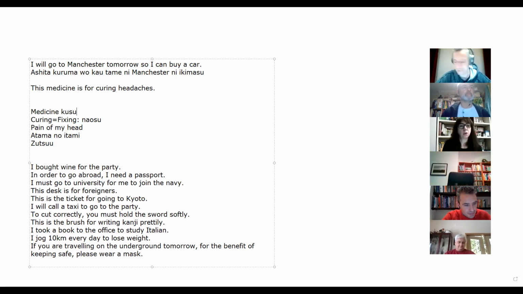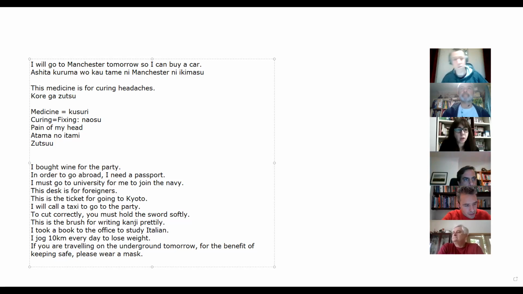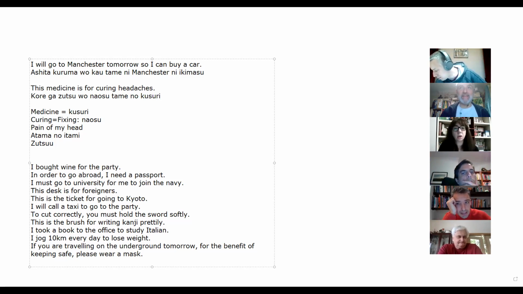And then medicine is kusuri. Kore ga zutsu o naosu tame no kusuri desu.